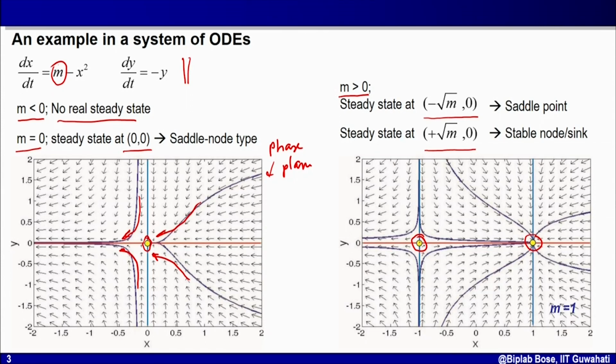One of them, this one, is a saddle node, which is obviously unstable, whereas the other one is actually a sink, a stable node. So you can see that as I change the parameter m, the number of steady states and their stabilities are also changing. So I will say this system has bifurcation with respect to the parameter m.